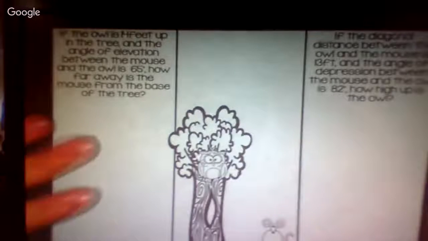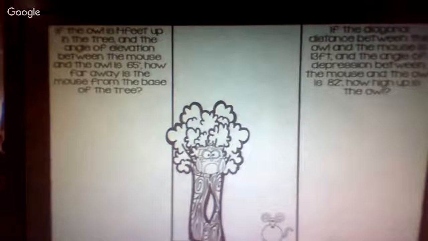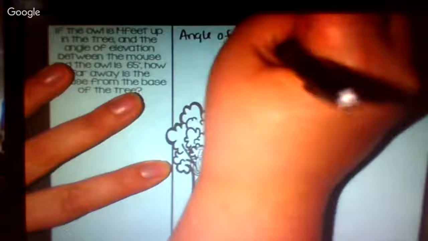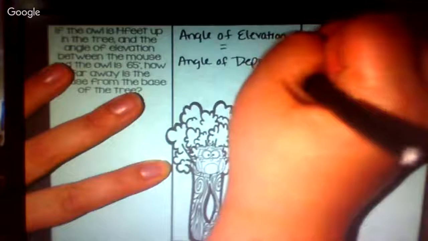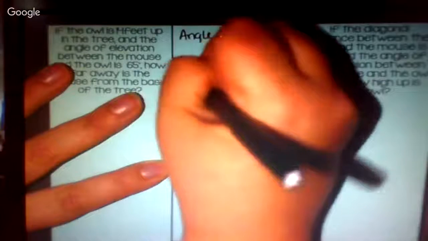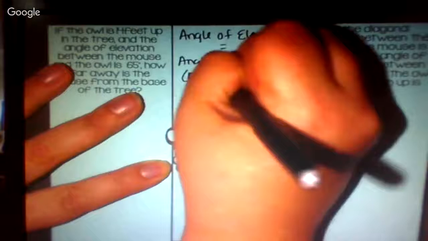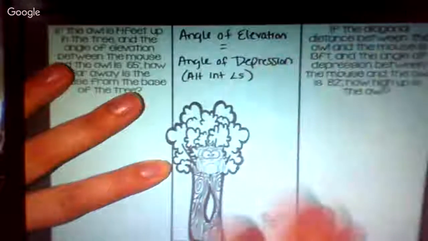I want you to write up in this top middle space what we just came up with. The angle of elevation equals your angle of depression, because they are alternate interior angles.